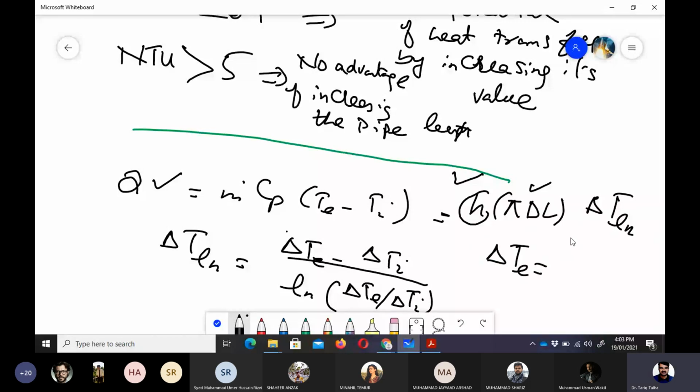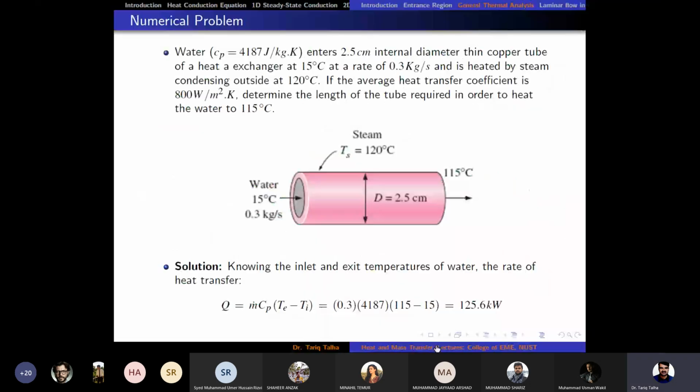So what is delta Te in this case? That would be equal to Ts minus Te, which is 120 minus 115, so it would be 5. Then delta Ti in this case would be equal to 120 minus, sorry, what have I done?